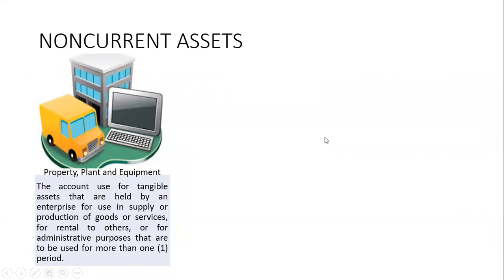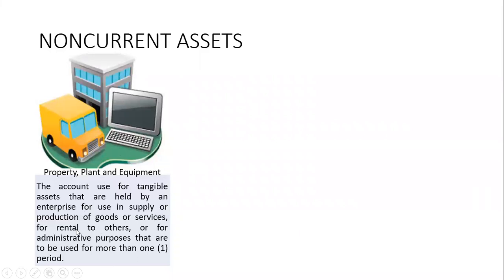So example of this one, property, plant, and equipment. Siyempre, ang PPE, magagamit mo siya for more than 1 year. Diba? More than 1 year. So the account used for tangible assets that are held by business enterprises for use in supply or production of goods or services, or for rental to others, or for administrative purpose that are to be used for more than one period.